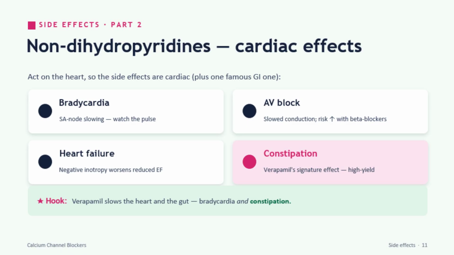And do not forget our old friend verapamil causing constipation, verapamil ventricle constipation. Notice the pattern across both slides. Pipe side effects are vascular, pump side effects are cardiac. The mechanism tells you everything.